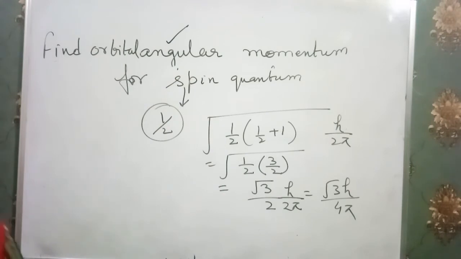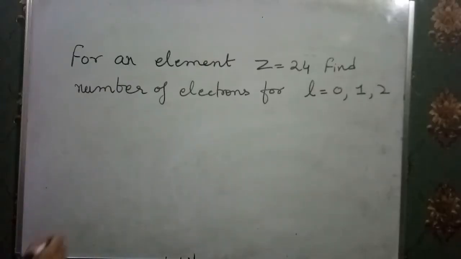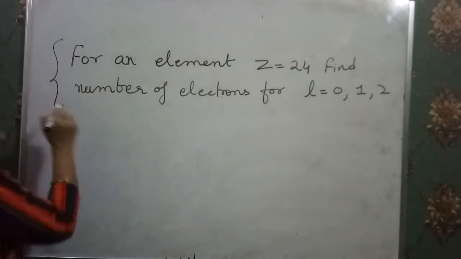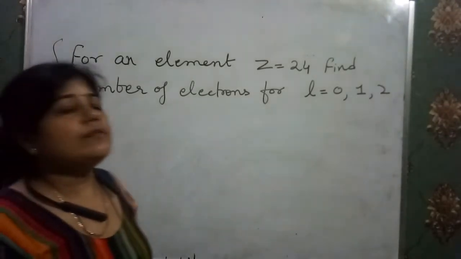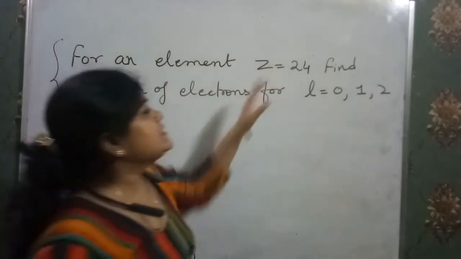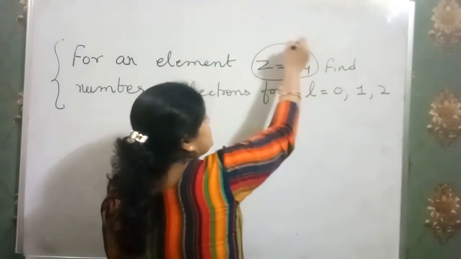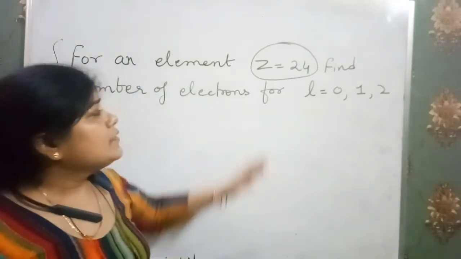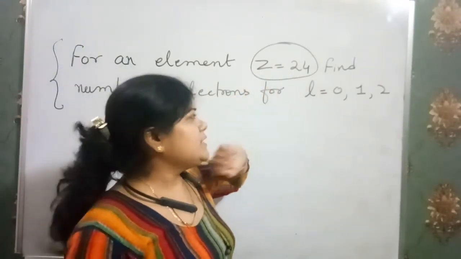Another question I am also going to take. Just hold for a minute. Now watch another question. It is also connected with the quantum numbers concept. For an element with Z equal to 24, there is an element which has the atomic number 24.